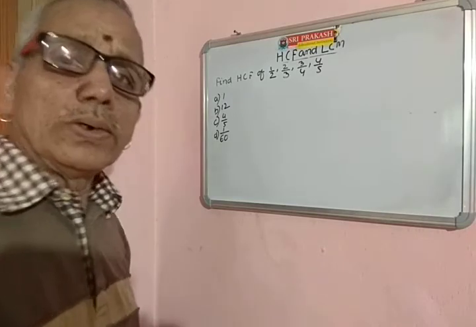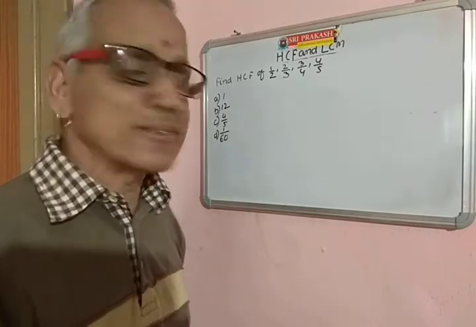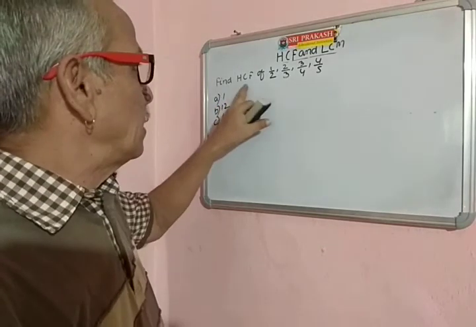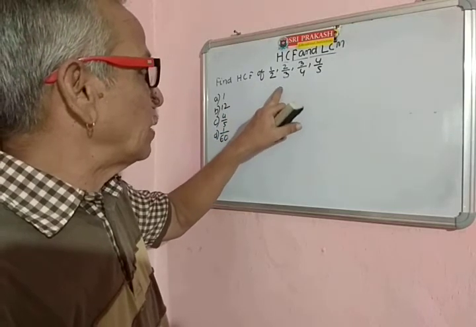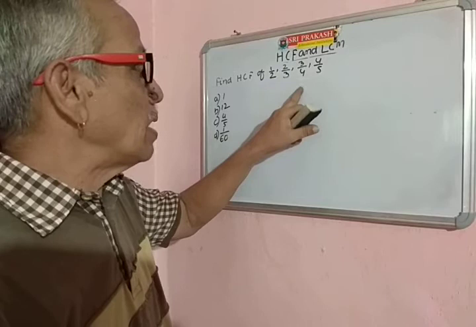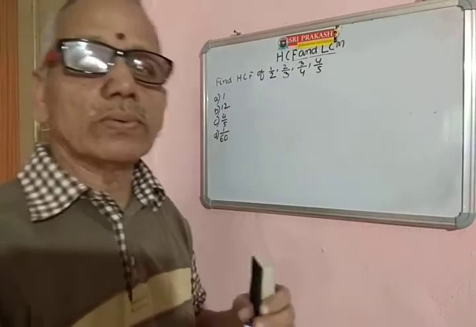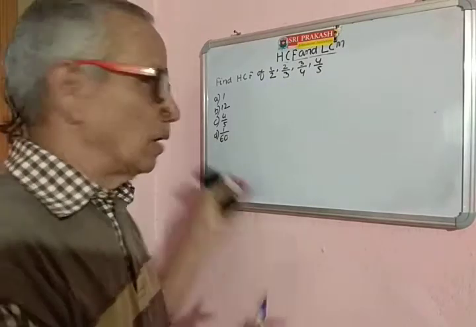So now your second sum reads like this. Find HCF of 1 by 2, 2 by 3, 3 by 4 and 4 by 5. So what is your formula?